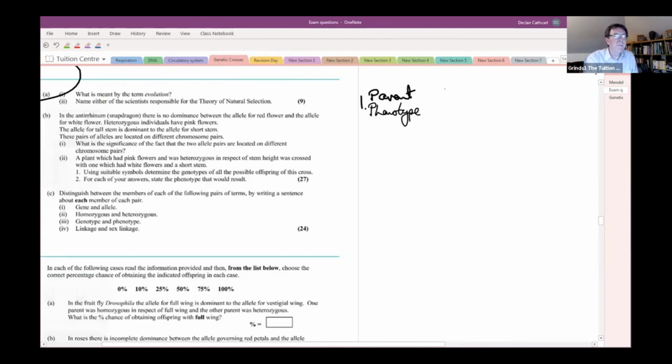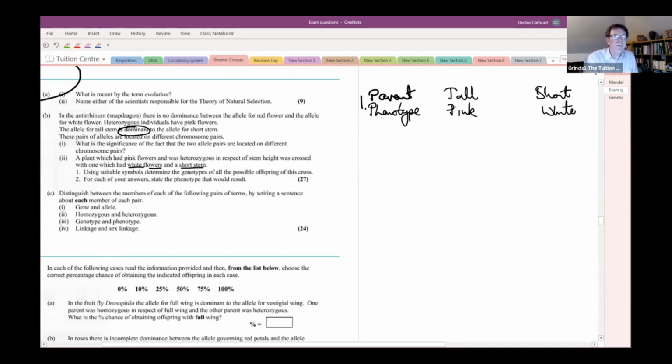So in other words, it's tall pink, because it's heterozygous in respect of stem height, but they've told us that tall is dominant, right? So this one is going to be tall pink, and it's crossed with one that has white flowers and a short stem. So we'll call it short white.